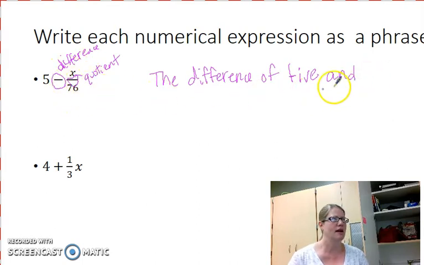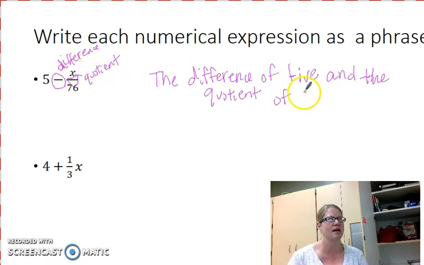So I'm actually going to write this, the difference of 5 and the quotient of, what two numbers are in our quotient. Remember, the top one comes first, so I would say of x and 6.